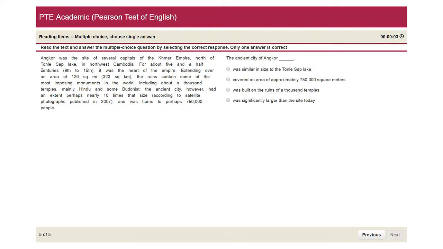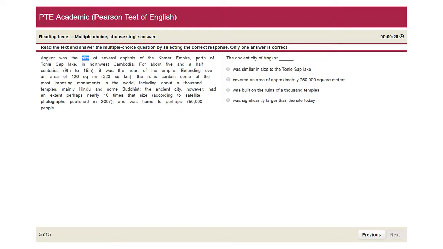Angkor was the site of several capitals of the Khmer Empire north of Tonle Sap Lake in northwest Cambodia. This first sentence is describing what Angkor truly was. It was the site of several capitals of the Khmer Empire, like a scenery.